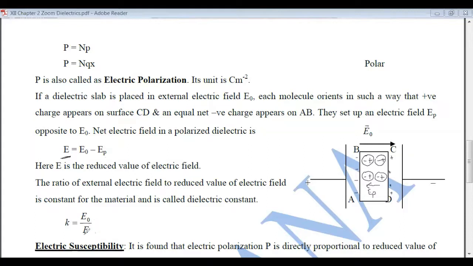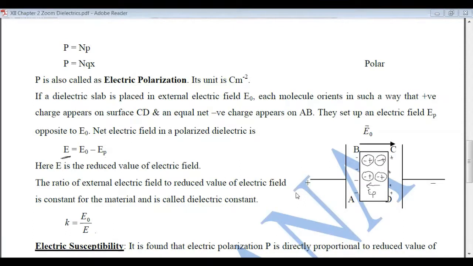So this reduced value of the electric field is related to the dielectric constant K. K is the dielectric constant, which we also call the relative permittivity, which is equal to E naught upon E. E naught is the external electric field and E is the reduced value of the electric field which is created inside the dielectric slab when it is placed in uniform external electric field. So K is equal to E naught upon E.